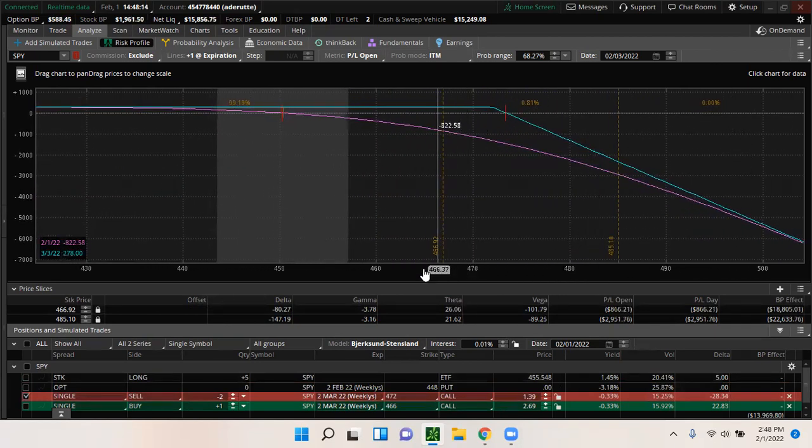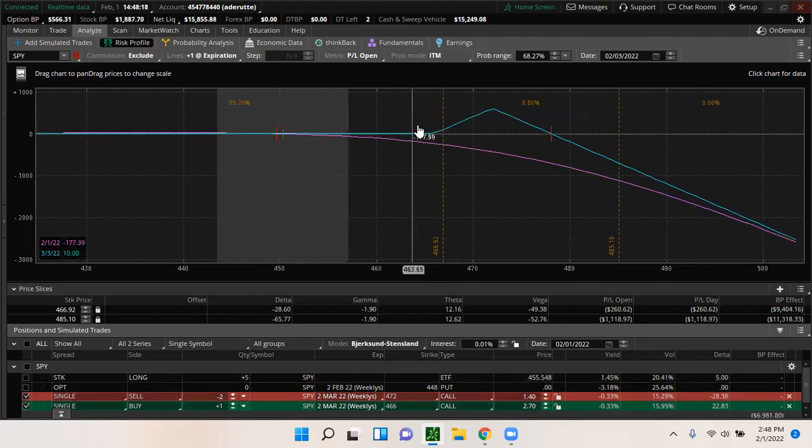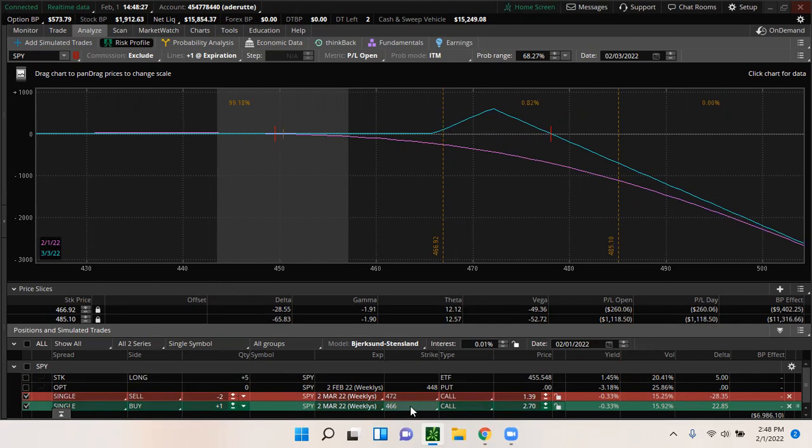So that's why this is kind of nice, combining the two. Because if I combine the two, then no matter how low it goes, I'm not going to lose any money, because the loss of the long call is more than offset by the premiums of the short call. And the same thing on the upside, right?